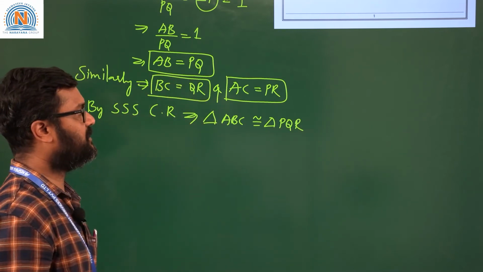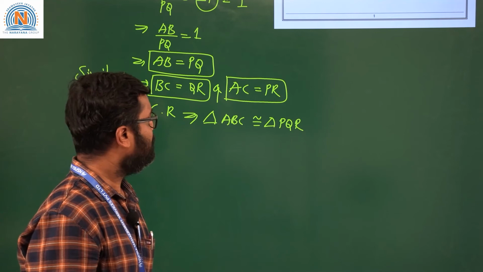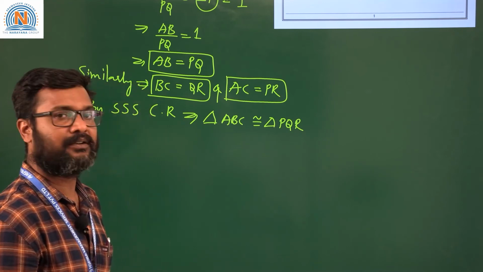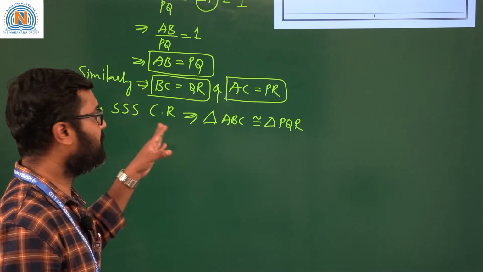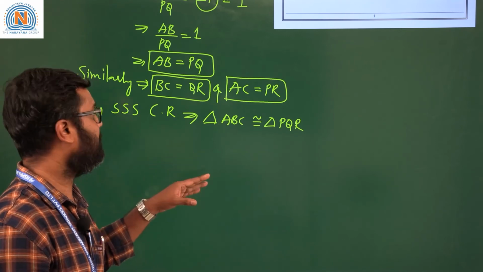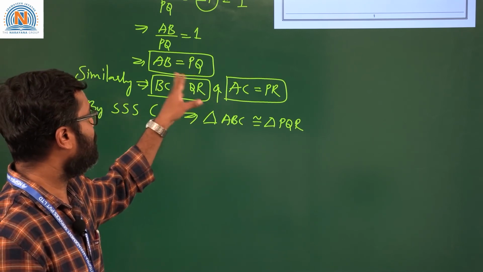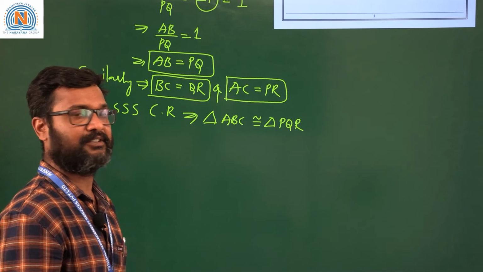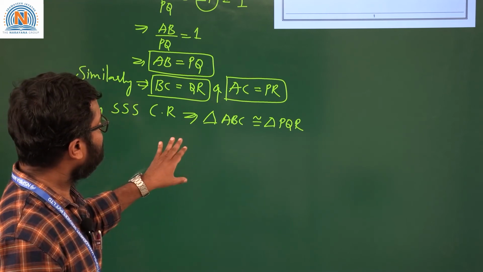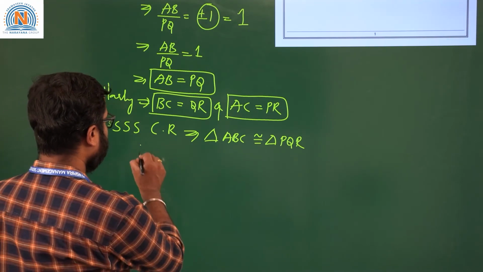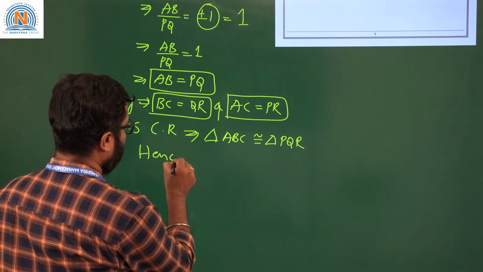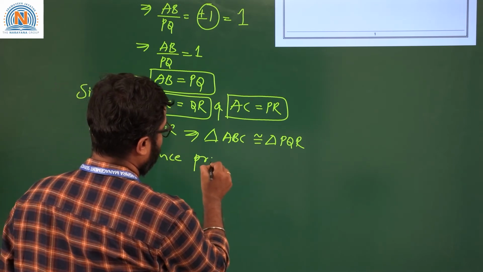So triangle ABC is congruent to triangle PQR by SSS congruency rule, that is side, side, side. Why? Because all three corresponding sides are equal. So like that here we proved, hence proved.